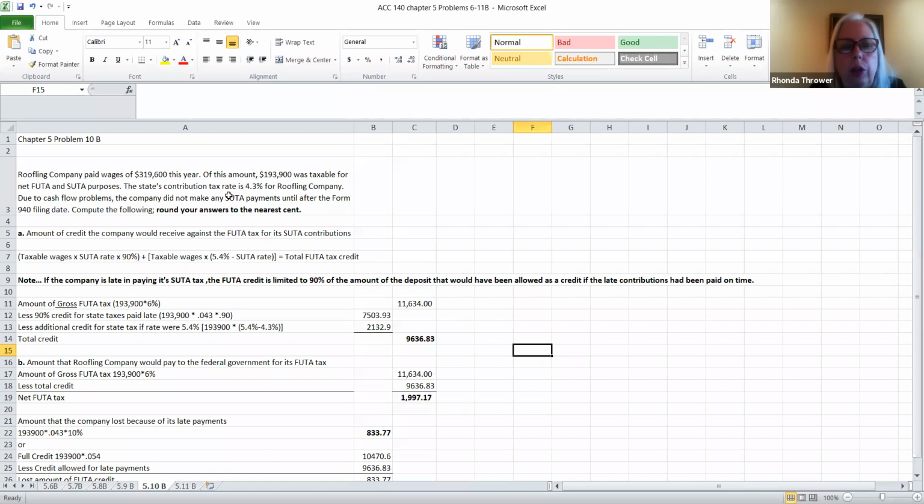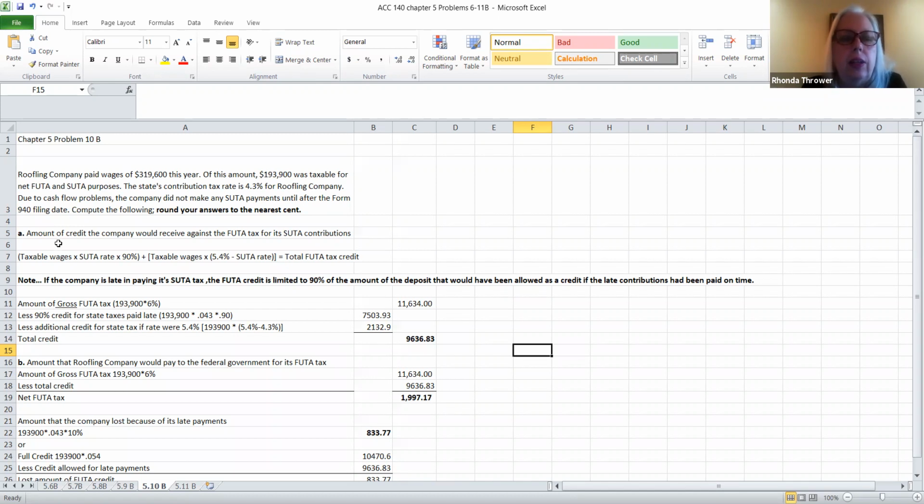The state's contribution tax rate is 4.3% for Roofing Company. Due to cash flow problems, the company did not make any SUTA state unemployment tax payments until after the Form 940 filing date. So if you pay SUTA taxes late, you are subject to a penalty of 10% on the SUTA taxes that are paid late.